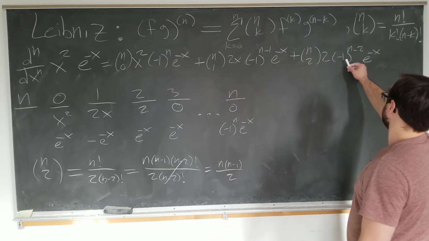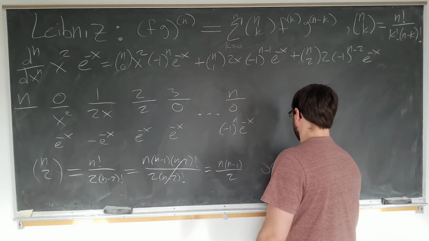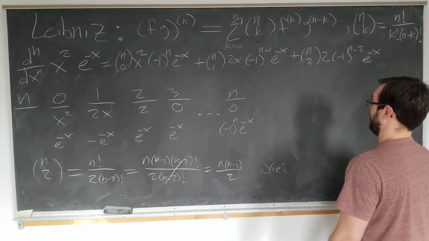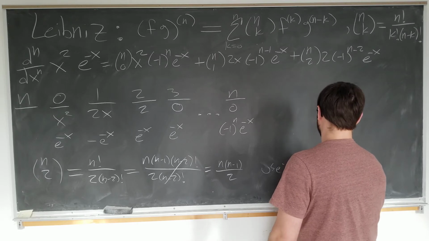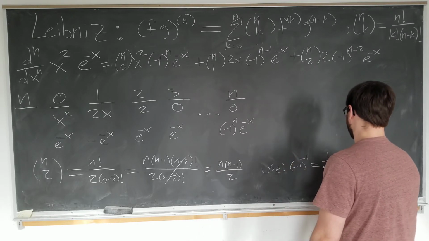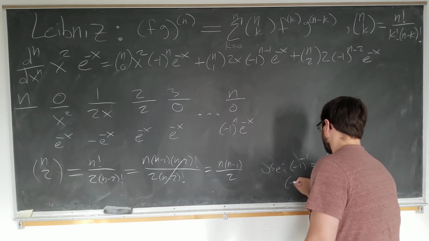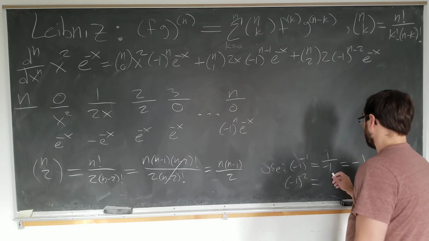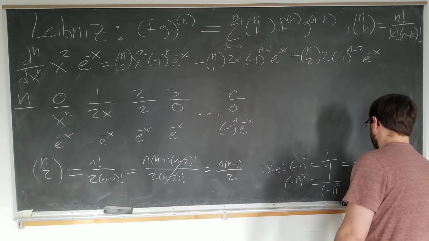I'm also going to simplify the (-1)^n's here. We have (-1) to the minus 1 power is just 1 over minus 1, which is minus 1. We also have (-1) to the minus 2 power is just going to be 1 over (-1) squared, which is 1, of course.